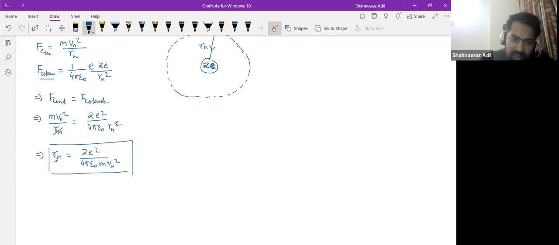Now we have got this radius, but we have one unknown still there. Z we know, e we know, all these things we know. What is the unknown that remains in this equation? Yes guys, what is the unknown that we have?